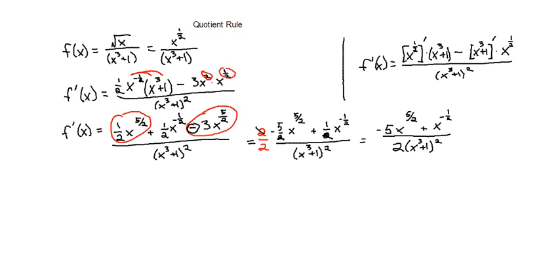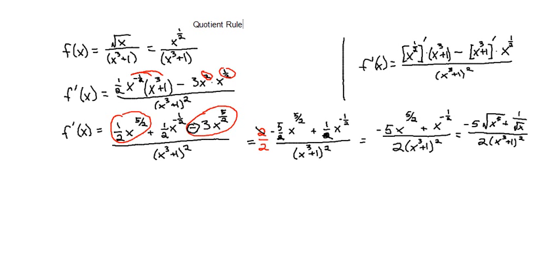And there's a little bit more we can do with this, and that will be obvious if I write this with square roots. So negative 5 square root of x to the 5th plus 1 over the square root of x over our denominator, which isn't going to change yet, 2 times x to the third plus 1 squared.